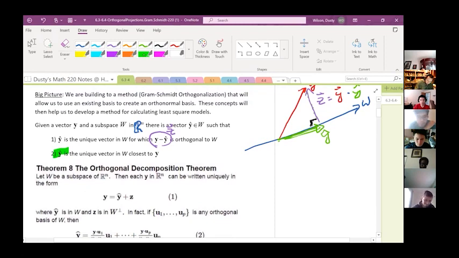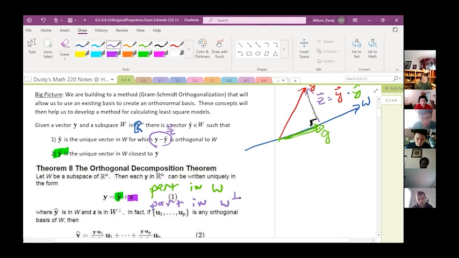Notice that the Y hat is the part in W, and then we have the Z part, and that's the part in W perp. So Y hat is in W and Z is in W perp.